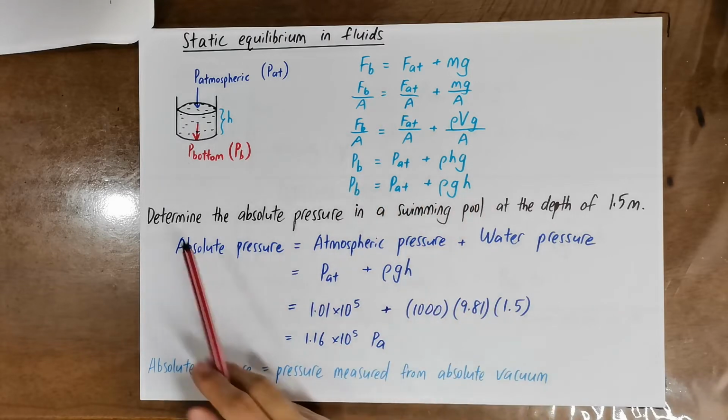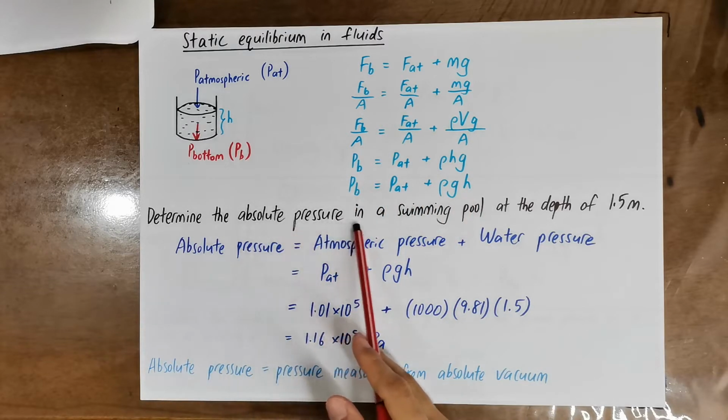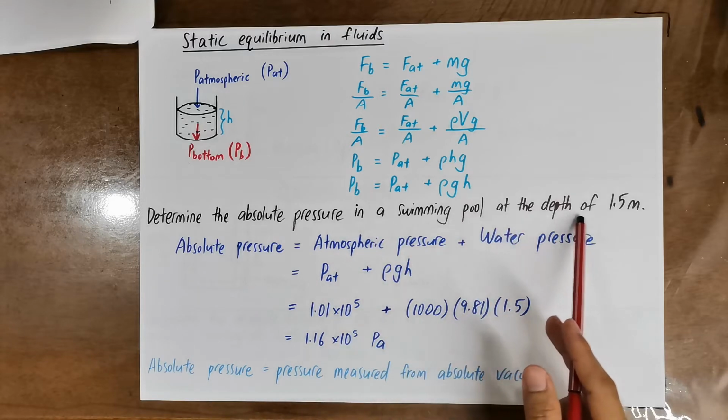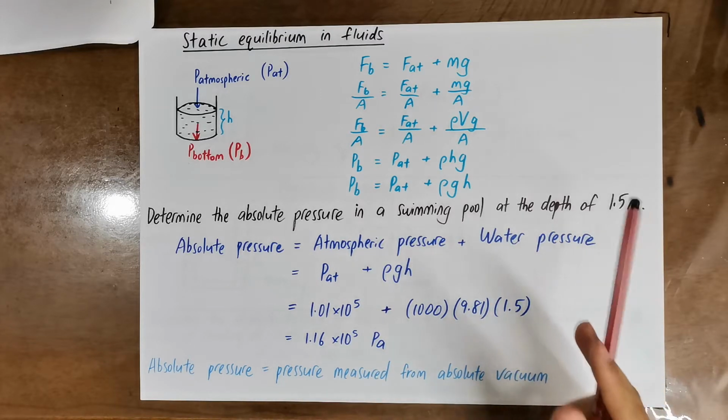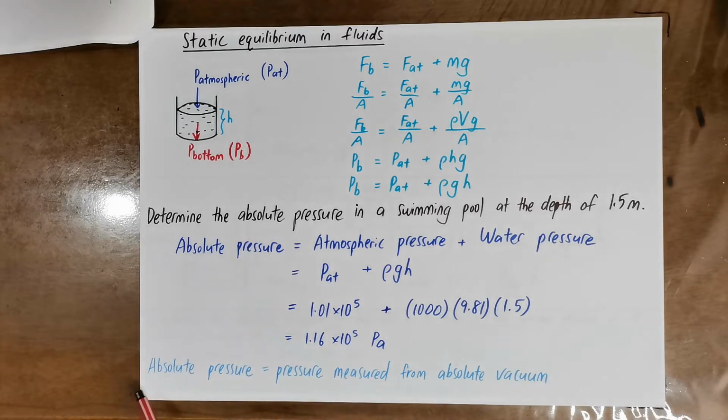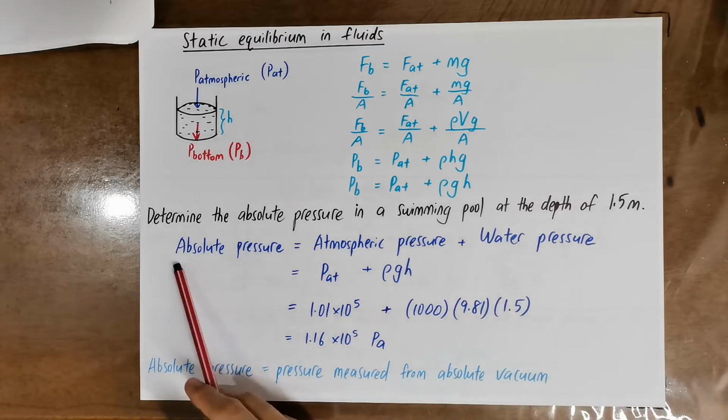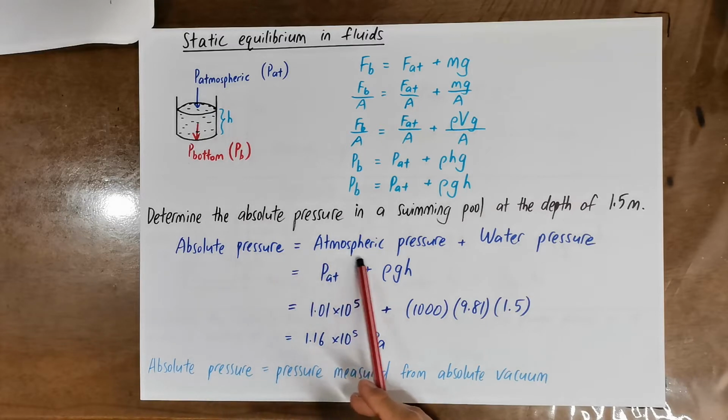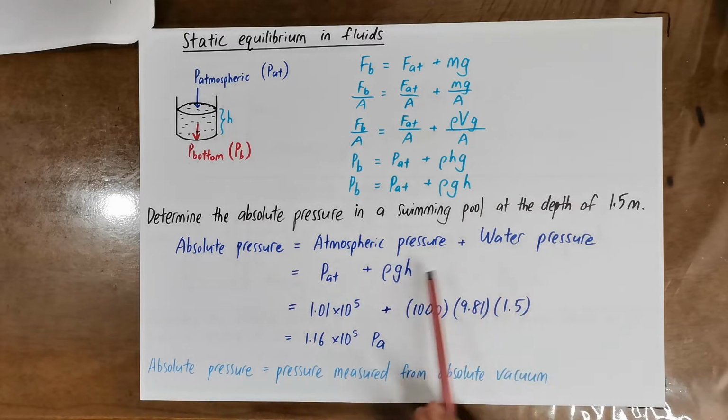Please determine the absolute pressure in a swimming pool at a depth of 1.5 meters. First and foremost, you should know that absolute pressure is the pressure measured from absolute vacuum. In a vacuum you have no air molecules, and therefore the pressure is 0 Pascal. Absolute pressure is equal to the atmospheric pressure plus the water pressure.